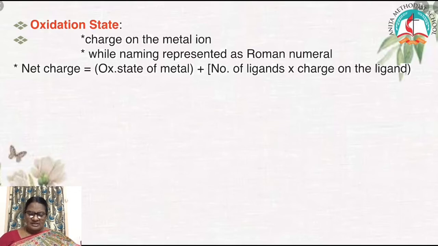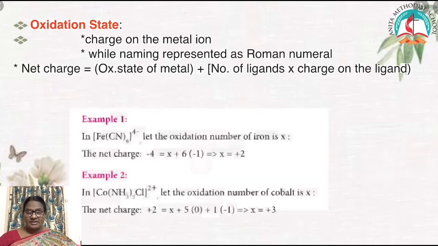Now let us look at an example. I have 2 examples here. First one, hexacyanoferrate. The charge of one cyanide ligand is -1. So what is this -4? That is the net charge on the complex. So this net charge of -4 is equal to the oxidation state plus the number of ligands into the charge of the ligand.